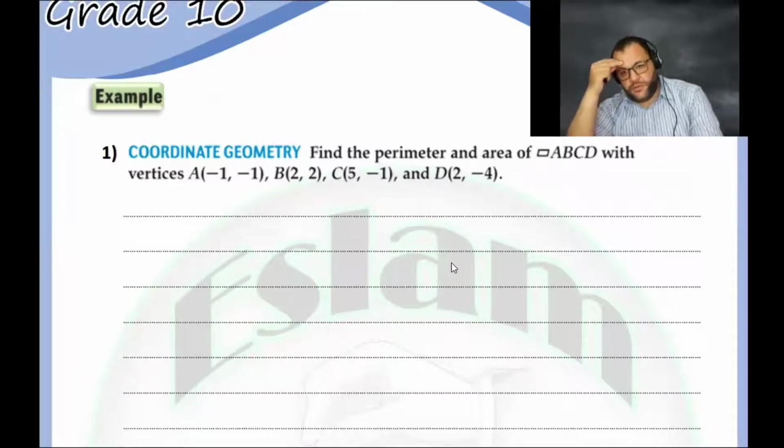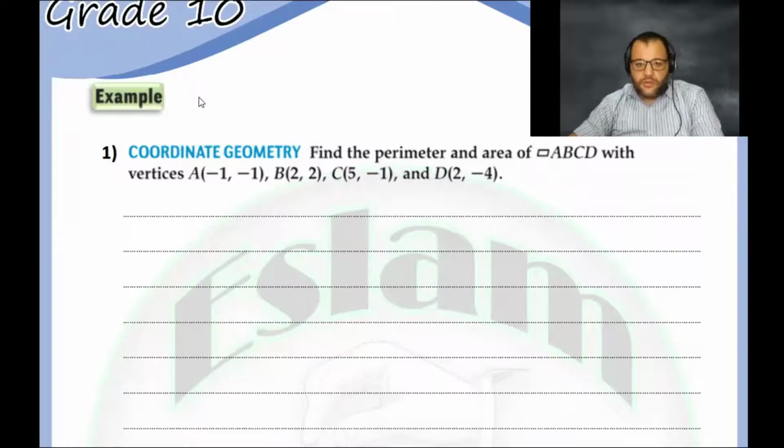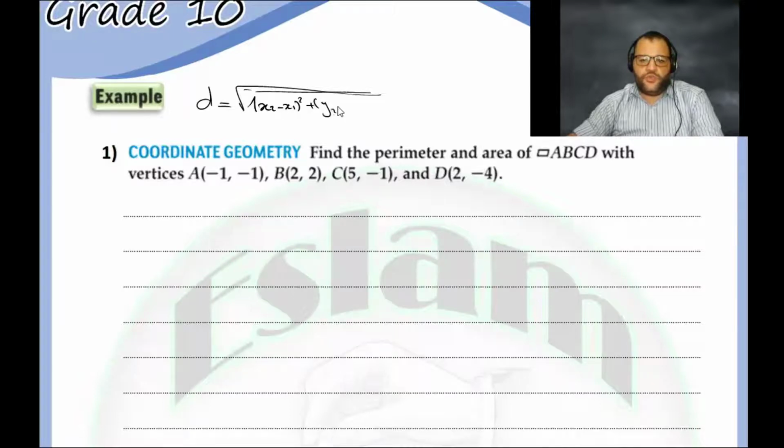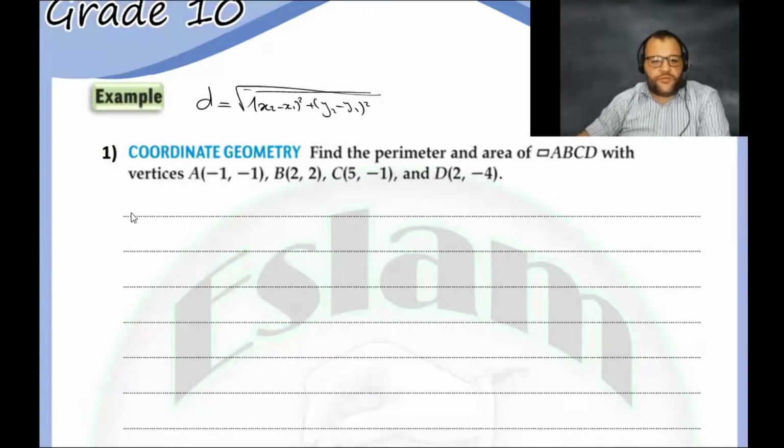Distance equals the square root of (x2 minus x1) to the power 2 plus (y2 minus y1) to the power 2. It means we need to find the length of AB, BC, CD and AD.